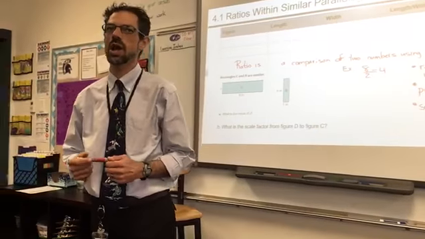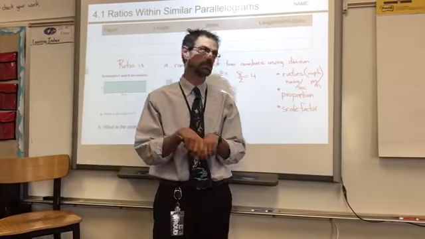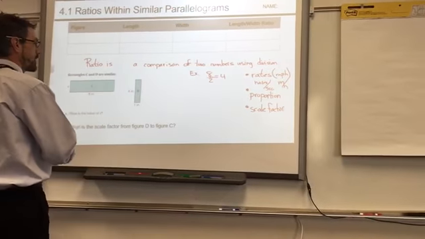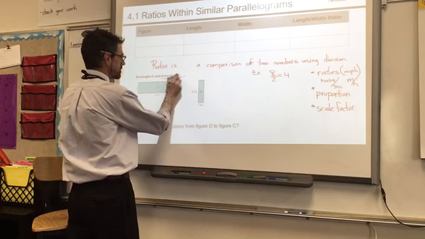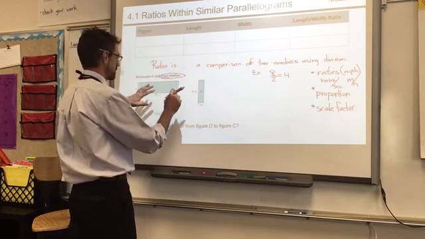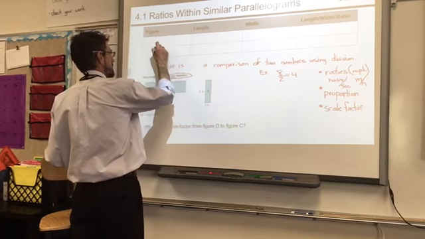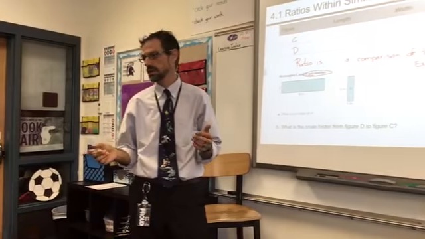And today I'm going to show you how to use ratios to help figure out if objects are similar. So up here, we have two, and we already know they're similar, but I'm going to prove to you that they are using the ratios. We have two figures, C and D. They both have length and width.